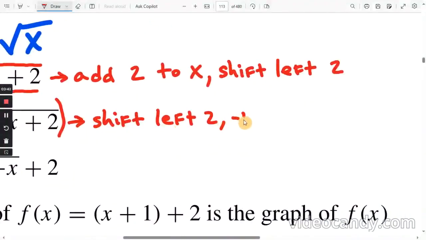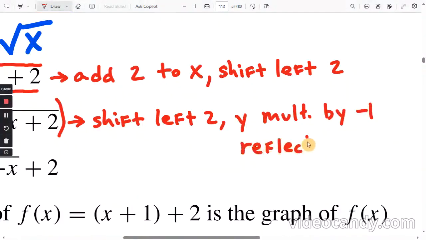So that's going to be negative 1, or I'll write negative 1 multiplied, all right, y multiplied by negative 1. Remember, when you multiply all the y's by negative 1, it reflects over the x-axis.